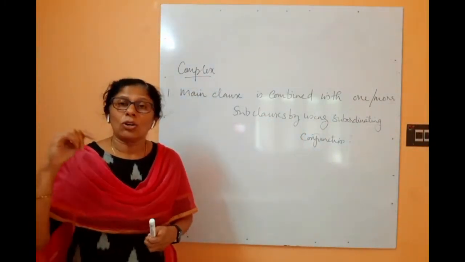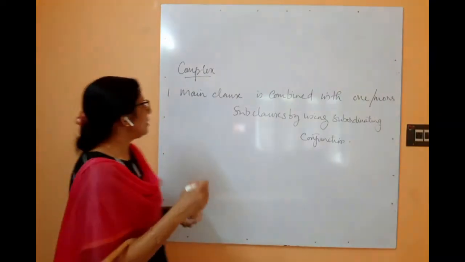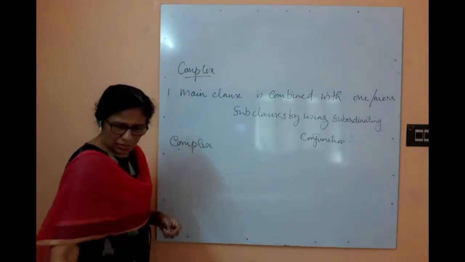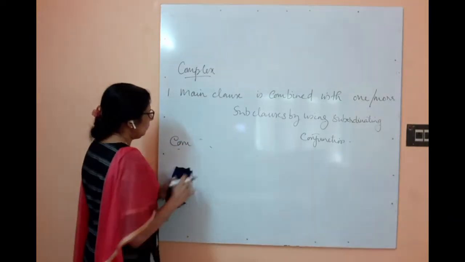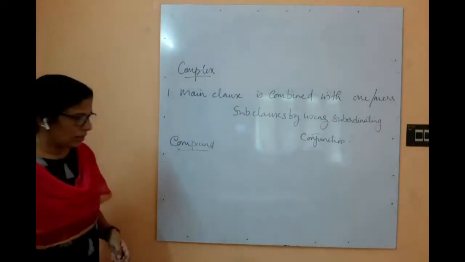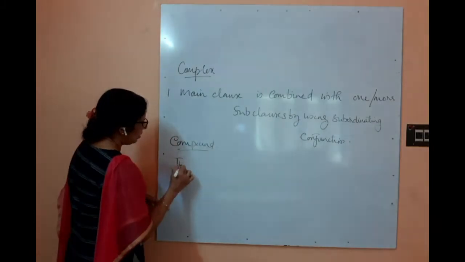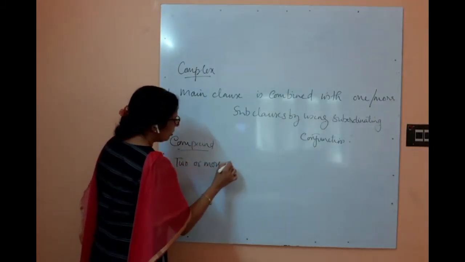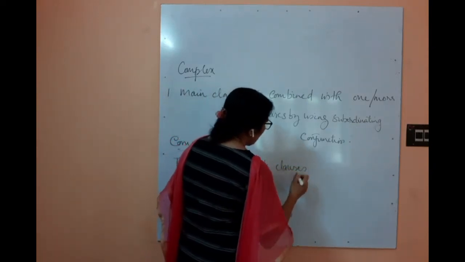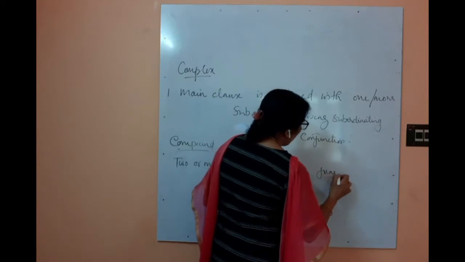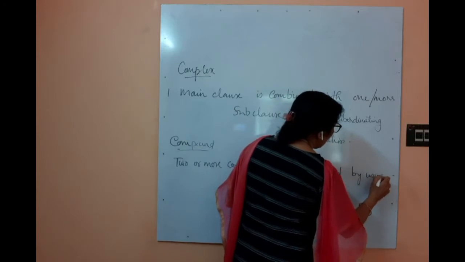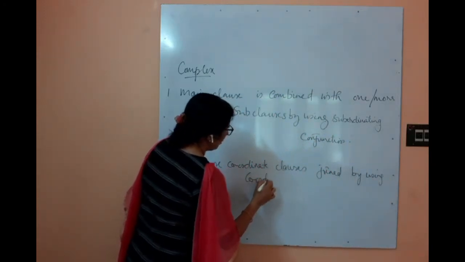Understood? And in a compound sentence, two or more coordinate clauses joined by using a coordinating conjunction.